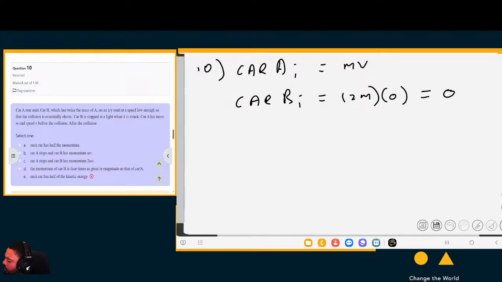Okay, now they bump into each other. Now car A, what is its new velocity? It's an elastic collision, so momentum is conserved.